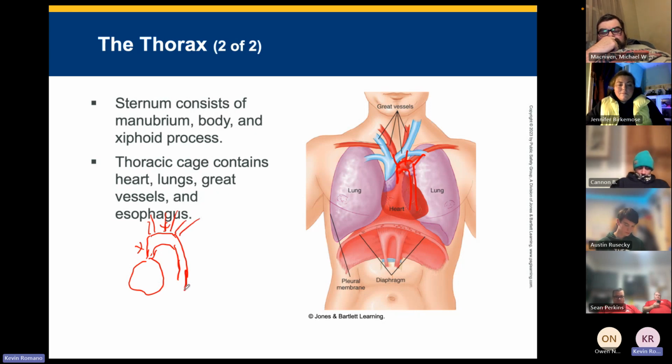As it comes down, it'll branch off. That's horrible. These here are called your renal arteries, and it continues on down and branches off into your femoral arteries going down into the legs.